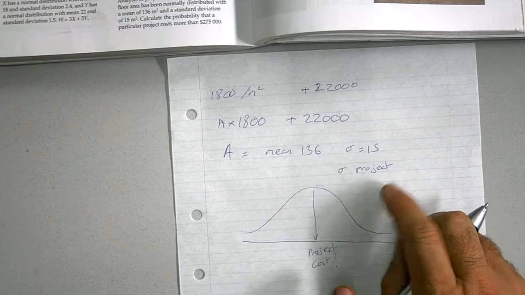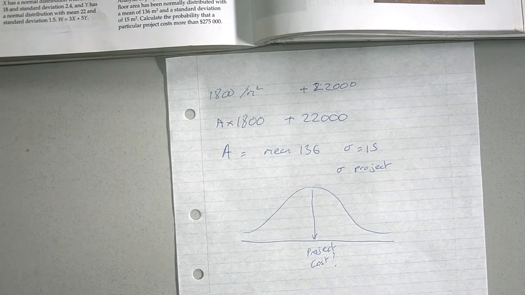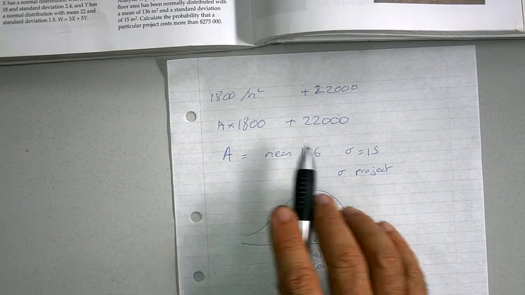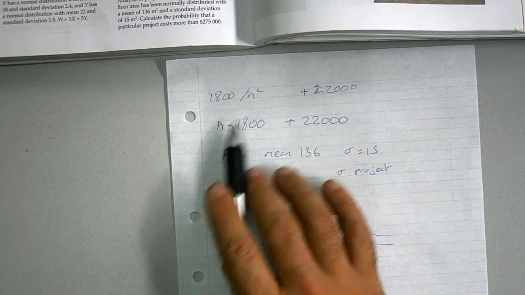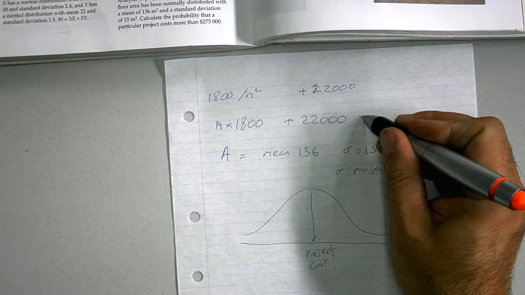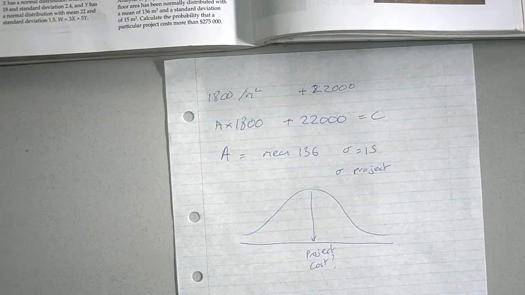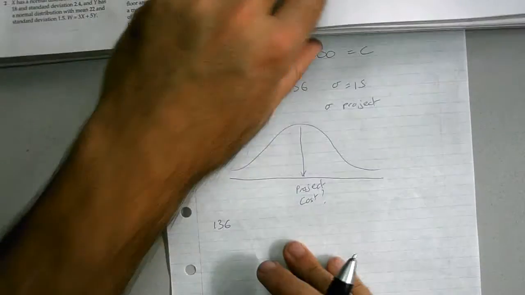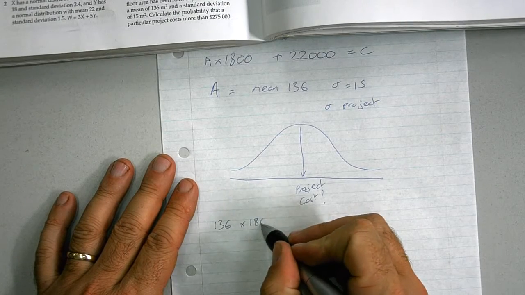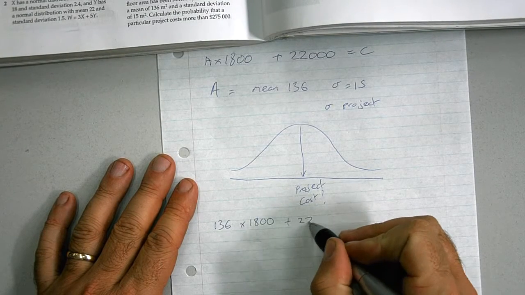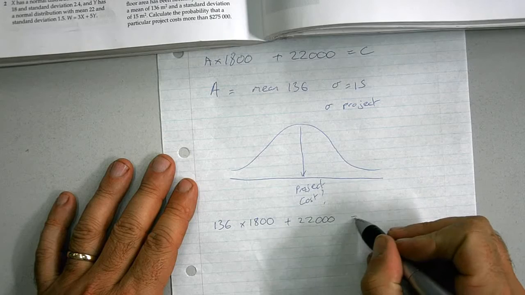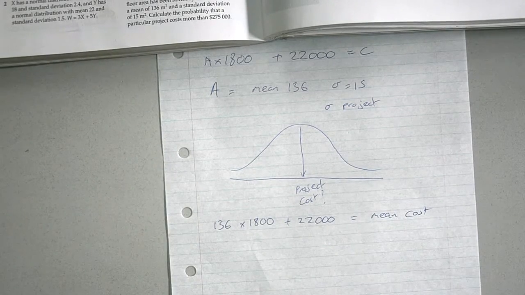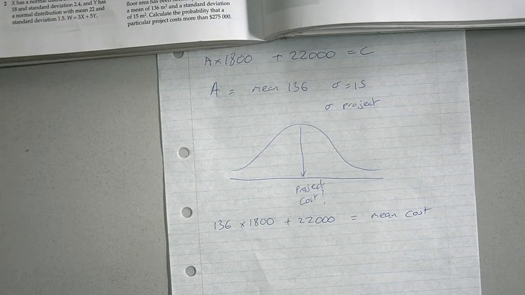As long as I can work out the sigma and the mean, I'll be all right. If the mean area is 136, then the mean cost is simply 136 times 1,800 plus 22,000. Hopefully that makes sense.